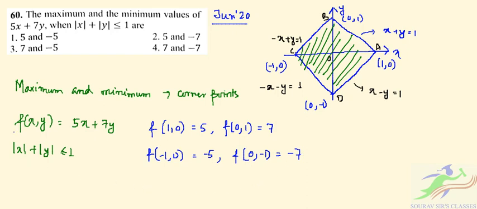So the maximum value and the minimum value: this is the maximum value and this is the minimum value, plus 7 and minus 7. So the correct option in our case is option 4.